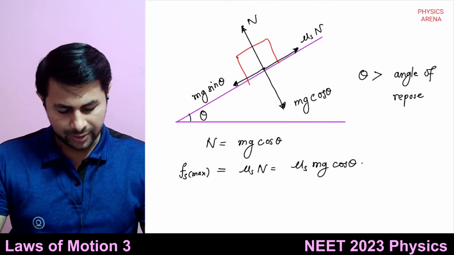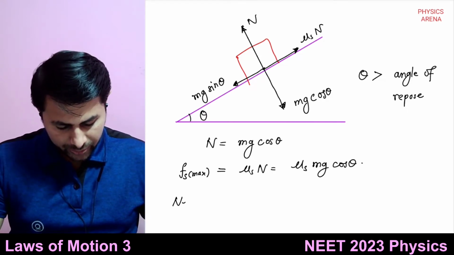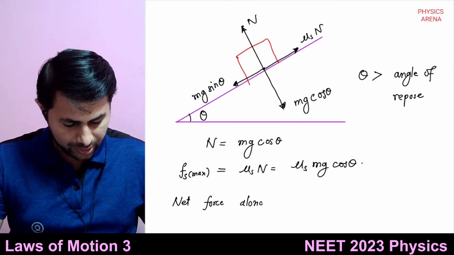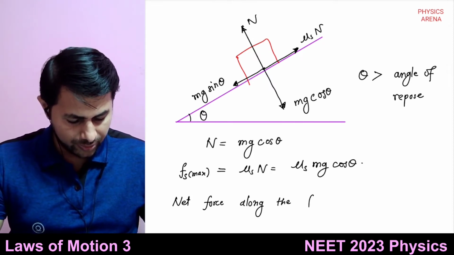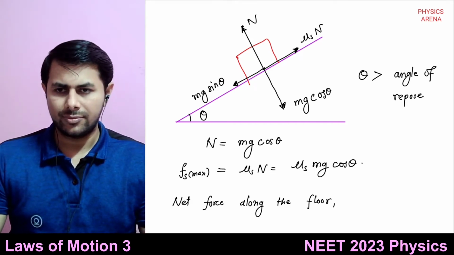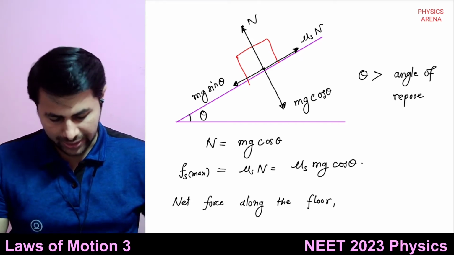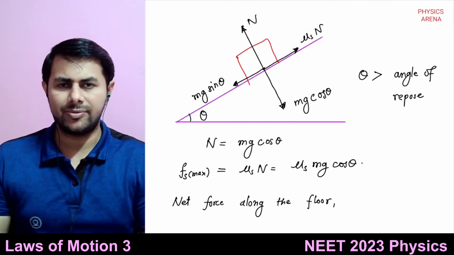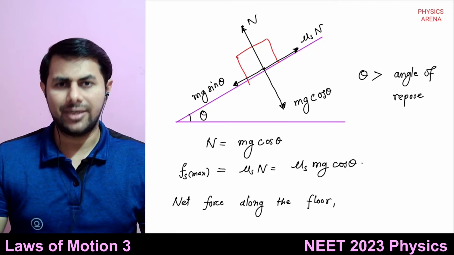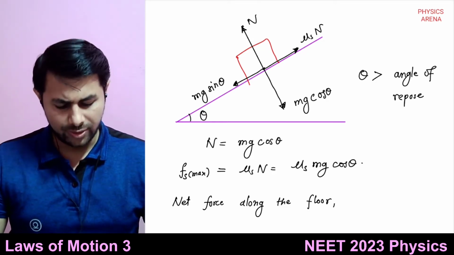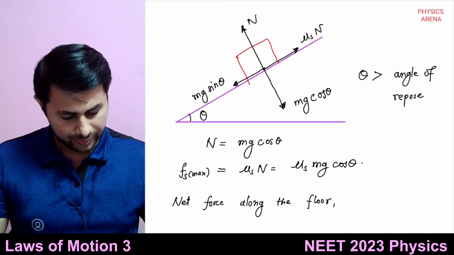And therefore the net force along the floor. Now, right now it is static friction. Once it begins to slide, we'll call it kinetic friction, and we'll just denote it by mu only.